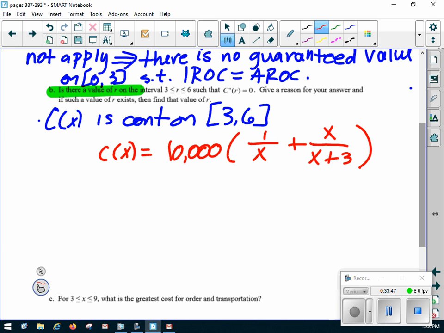Yeah. So C prime is 10,000 times, let's think about 1 over x. Now I could do the quotient rule here and it would be fine. But if I rewrote this as x to the -1, isn't 1 over x the same as x to the -1?